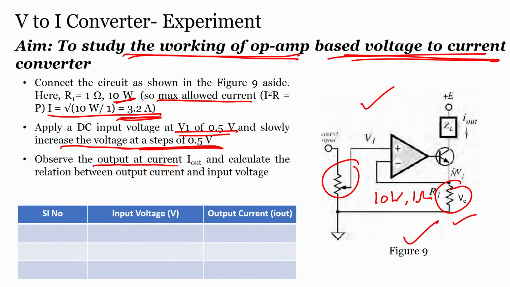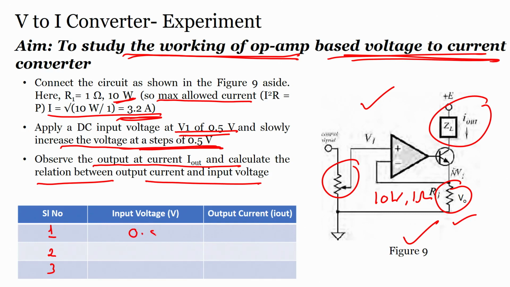Observe the output current I out here, and calculate the relation between output current and input voltage. We have to understand what is the relation between input voltage and output current. So, we will have 1, 2, 3. Let us see the input voltage we apply, starting at 0.5 volts, then we go on increasing it and we look at the current at the output, right.